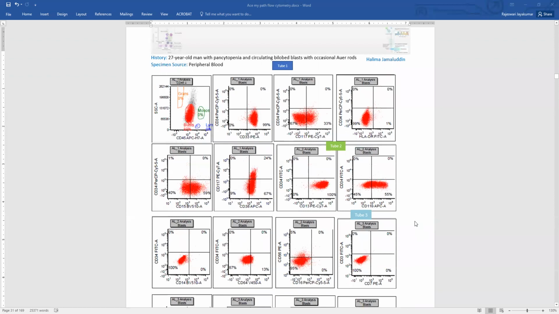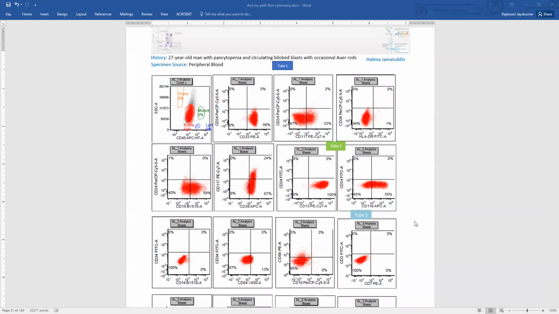So to summarize, in APLs, CD45 versus side scatter is a huge clue. The CD45 versus side scatter will show the blasts having very high side scatter, and they are negative for CD34. Ideally, classic APLs are negative for CD34. They have bright CD33 expression, they are negative for HLA-DR.